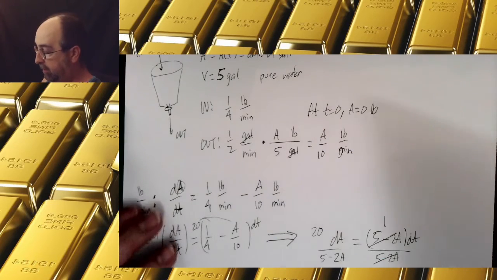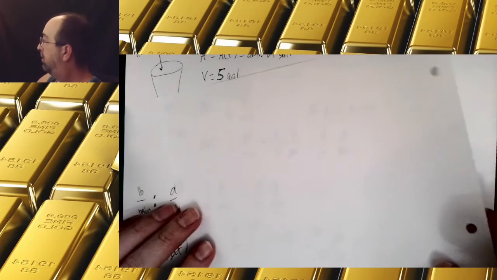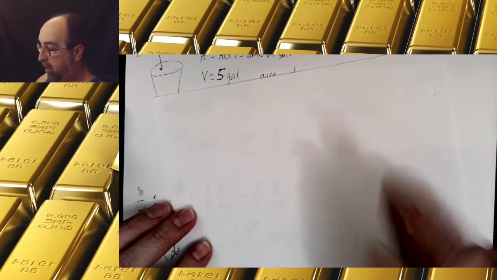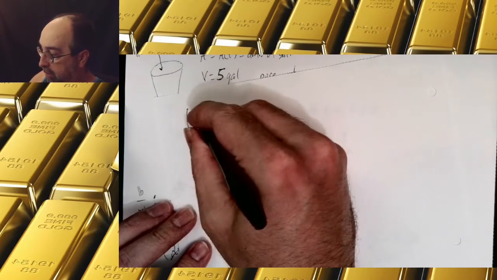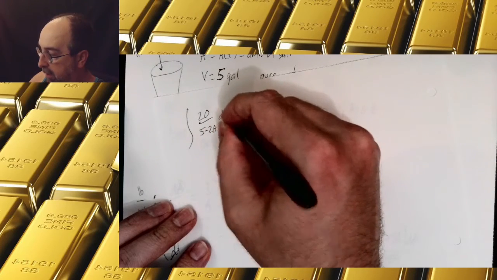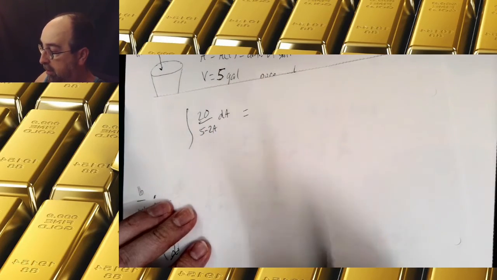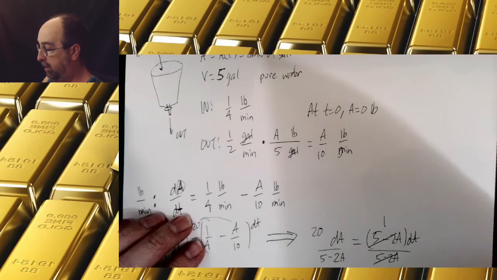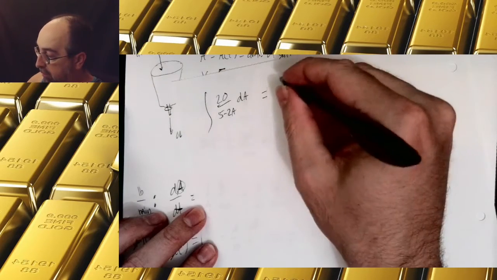I'm going to bring in another sheet here. We're going to have the integral of 20 over 5 minus 2a dA is equal to the integral of dt.